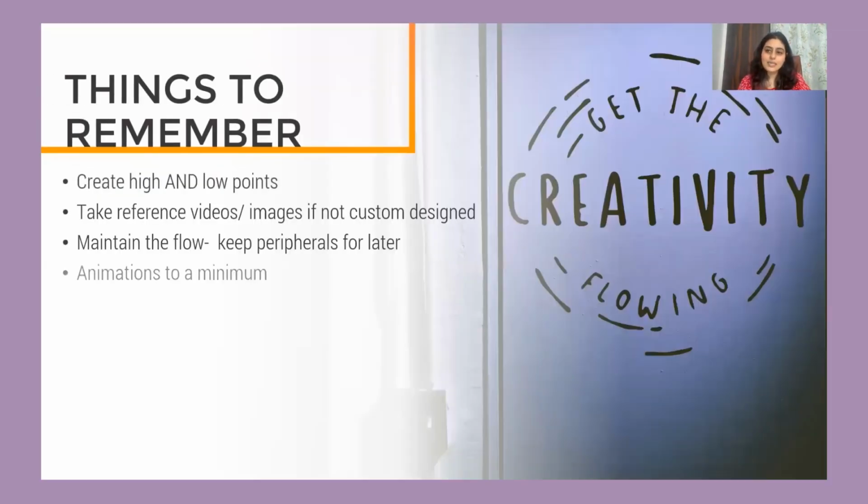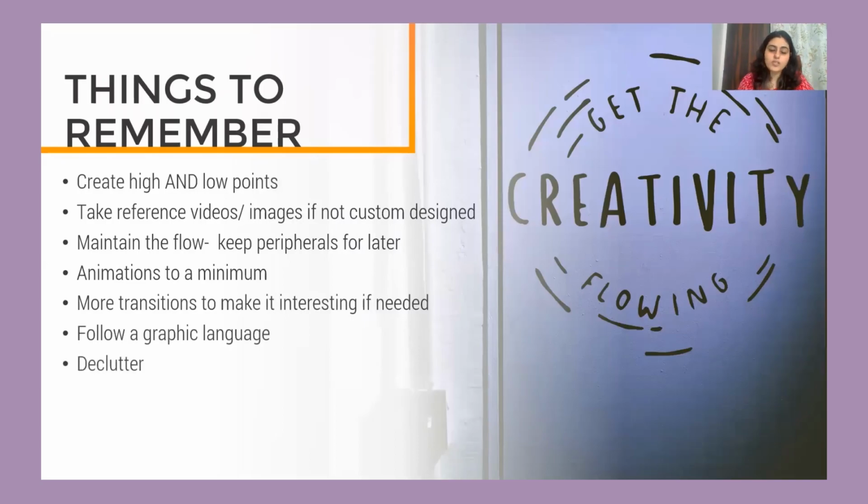Now, a few things that I feel you should remember when you're deciding to make a pitch presentation: one is that you have to have low and high points. If your entire event only has high momentum points, then those high points don't feel like high points. They feel like they're all at the same level.